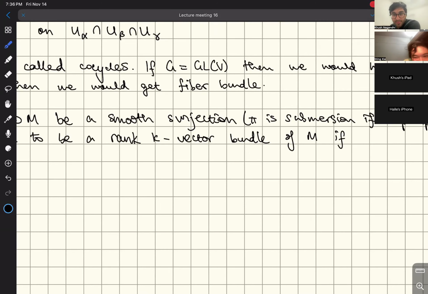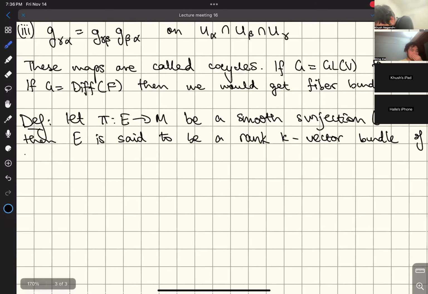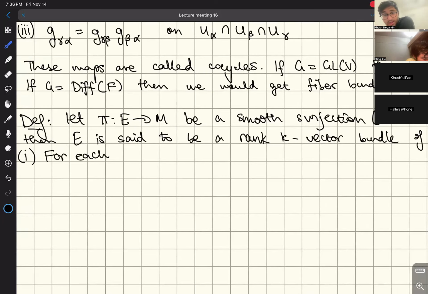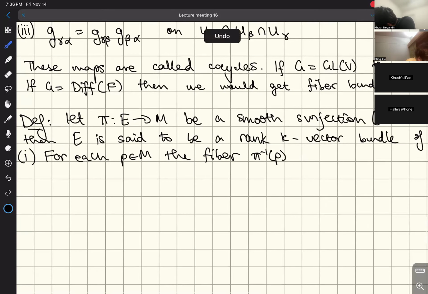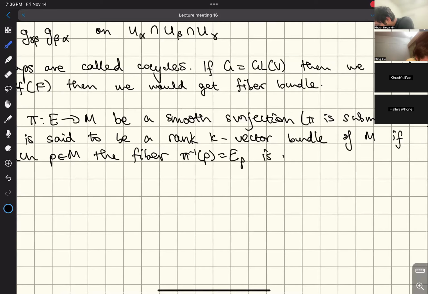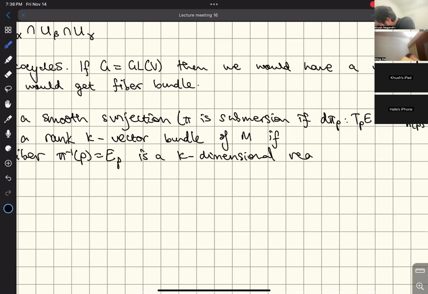One, for each p in M, the fiber pi inverse of p, which I will call E_p, is a k-dimensional real vector space.